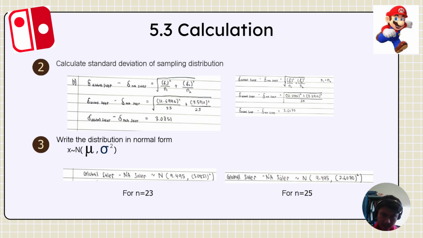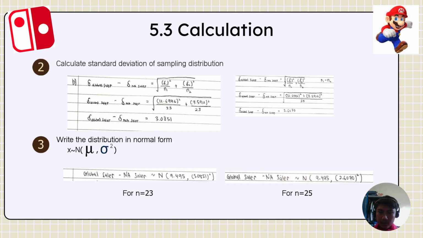So for the sample of 23 it is 3.0851, and the second one is 2.6070.